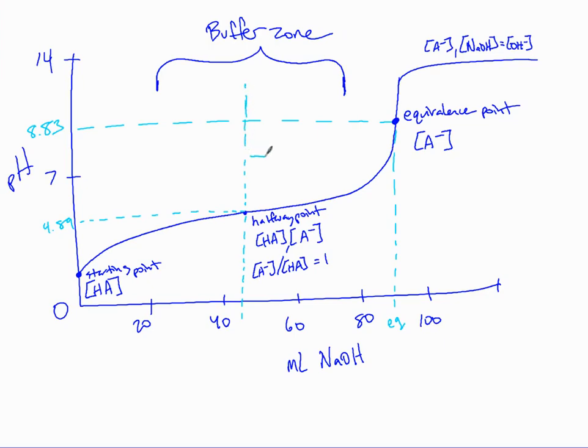So in the buffer zone from the halfway point to right here, what do you have more of, the acid or the anion? The anion. So the anion to this is greater than 1. In case you want to know why I keep writing it as anion divided by weak acid, it goes back to that equation, the Henderson-Hasselbalch equation.